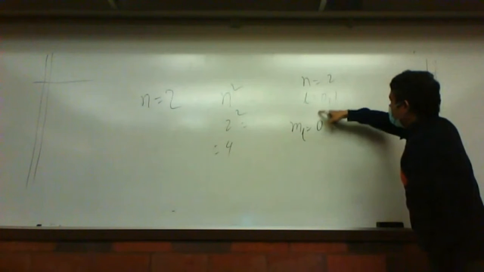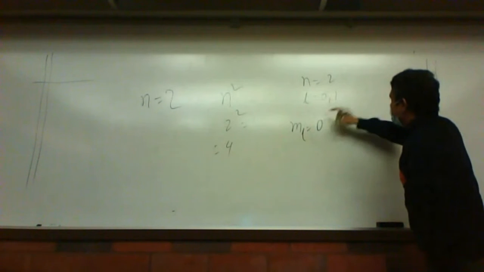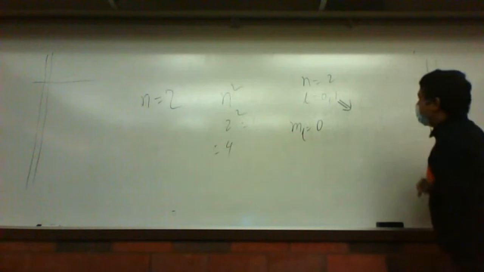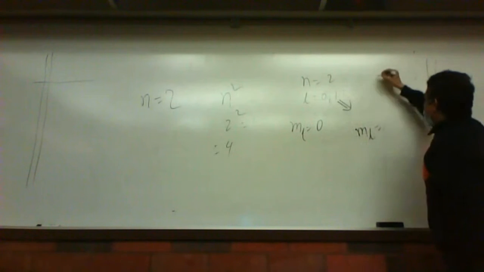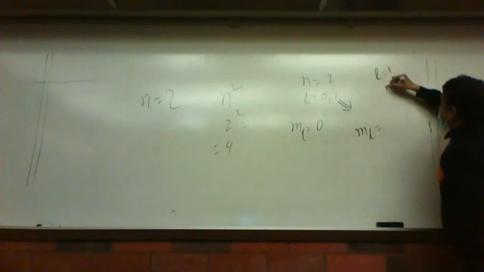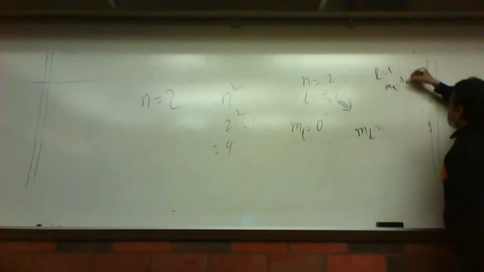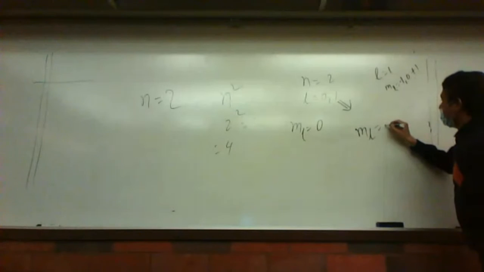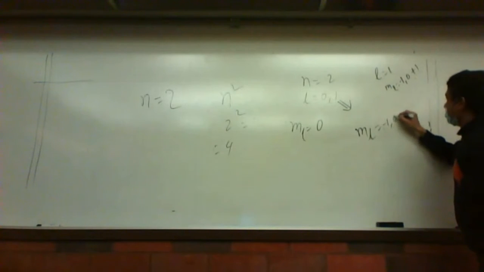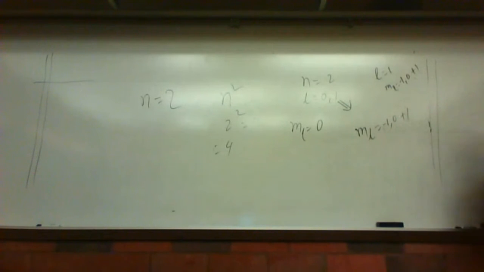For n equals 2 and L equals 1, ml would be minus 1, 0, plus 1, like this.